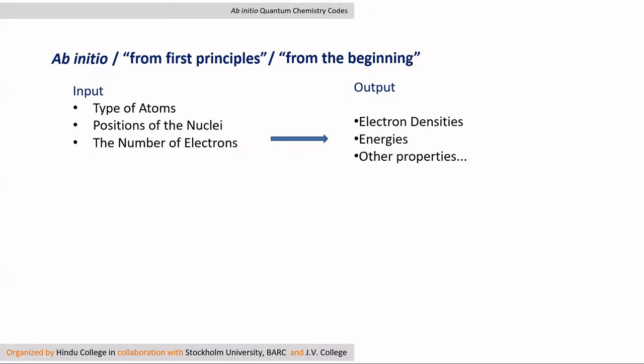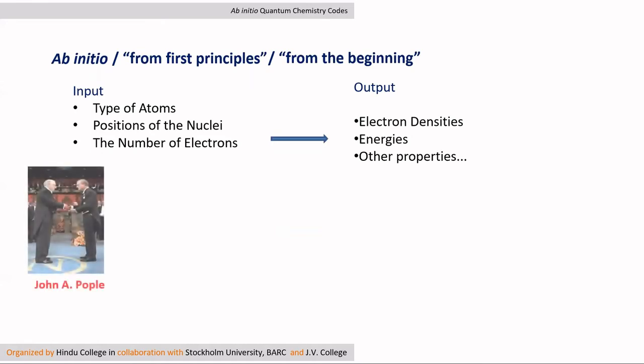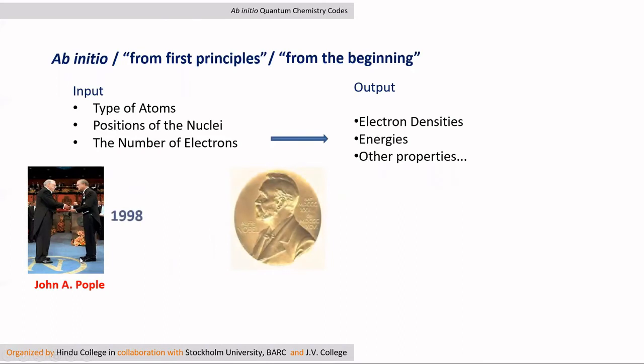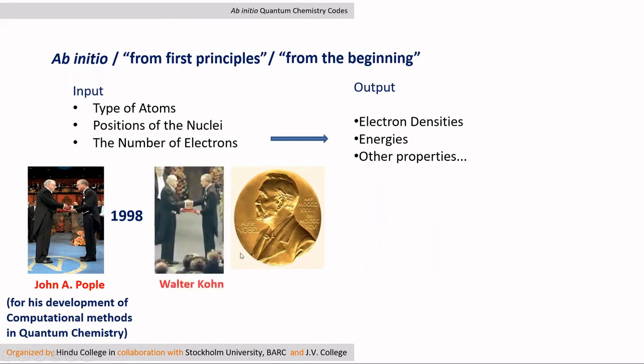The importance of these methods can be gauged by the fact that the 1998 Nobel Prize in Chemistry was awarded to John Pople for his development of computational methods in quantum chemistry, and he shared the Nobel Prize with Walter Kohn for a method which is currently in huge demand, that is density functional theory.